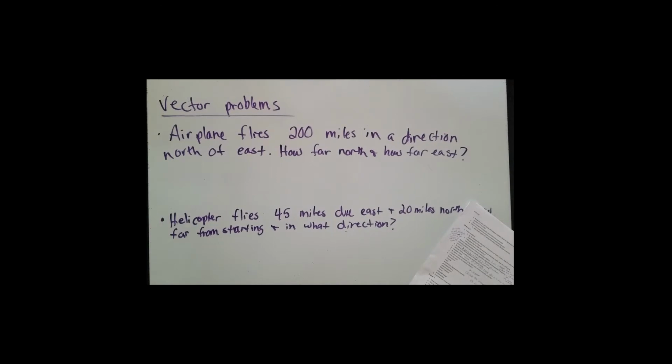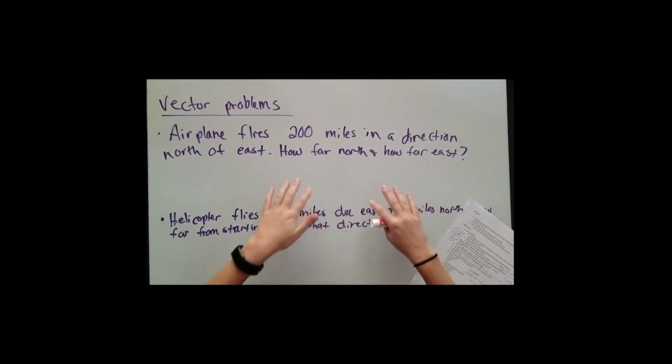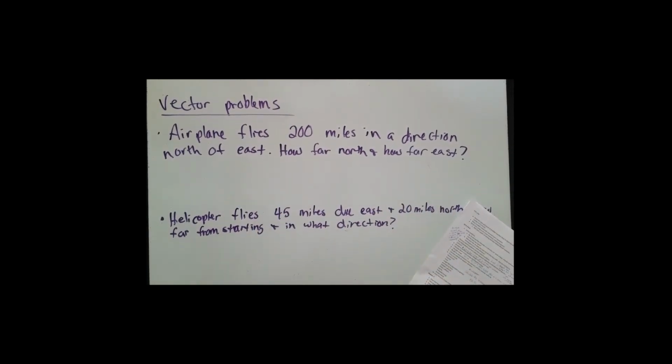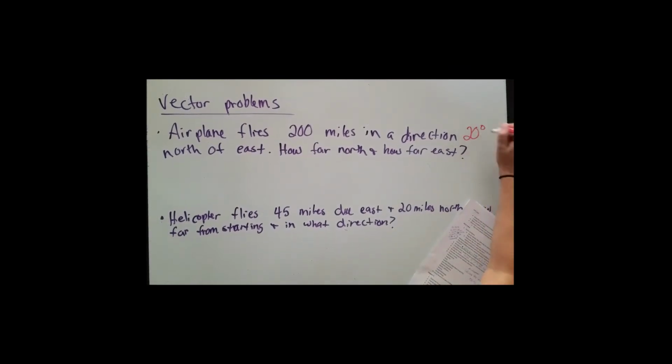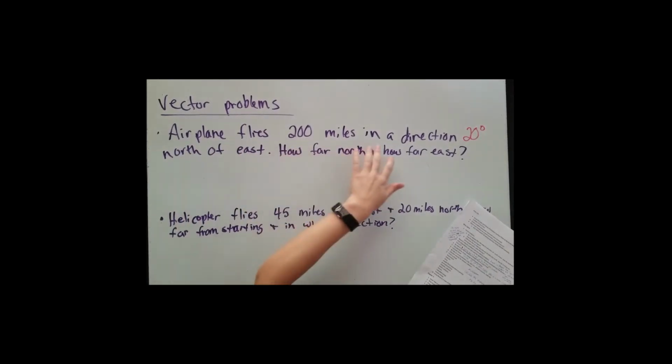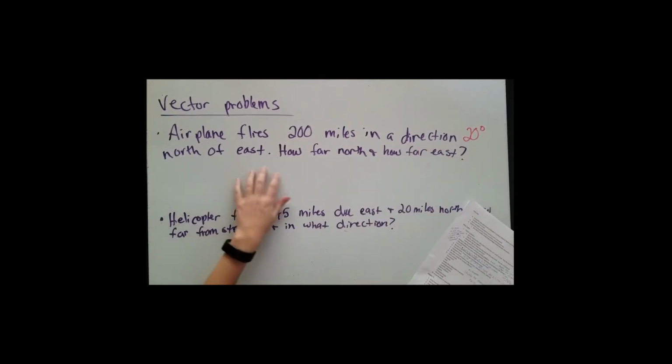So what you need to figure out is the information given, what is it? I realized I forgot this 20 degrees here, so that you can figure out the other 2 variables. Okay, so in this case we have an airplane flying 200 miles in a direction 20 degrees north of east. How far north and how far east?